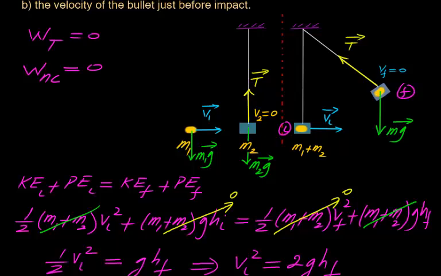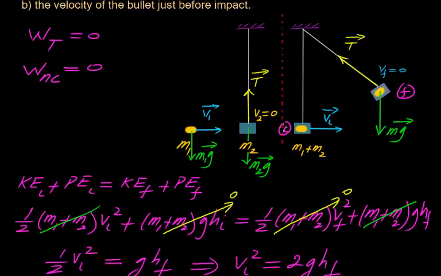Technically speaking, the net force on my entire system is not equal to 0, and therefore the momentum is not going to be conserved. However, notice that along the horizontal axis, the net force is equal to 0. As a result, we can apply the conservation of momentum along the horizontal only, because along the horizontal, the net force is equal to 0.